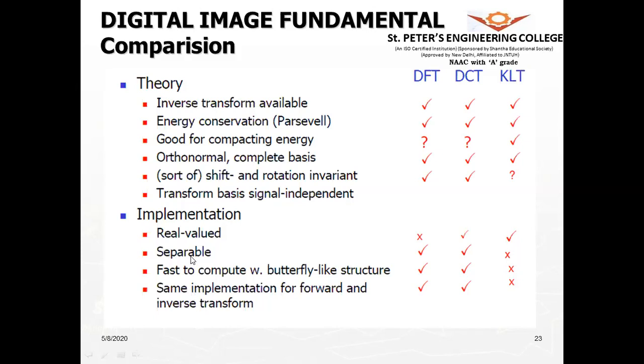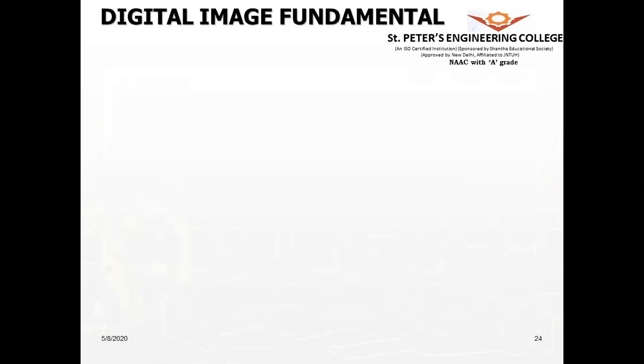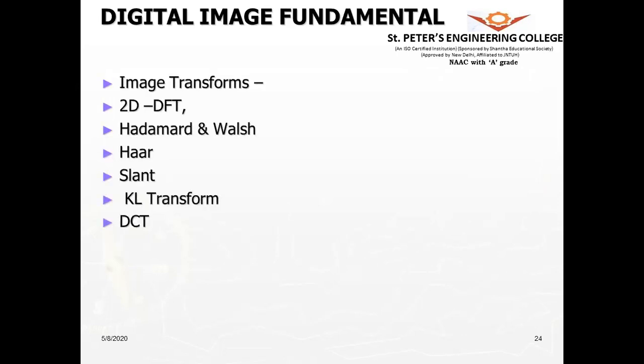Next, DFT and DCT are separable, but KLT is not separable, and we have the FFT, that is the fast butterfly structure, to compute for DFT as well as DCT and not for KLT, and the forward and inverse transform we have for DFT and DCT but not for KL transform. So these are some of the transforms we had looked into in this discussion.